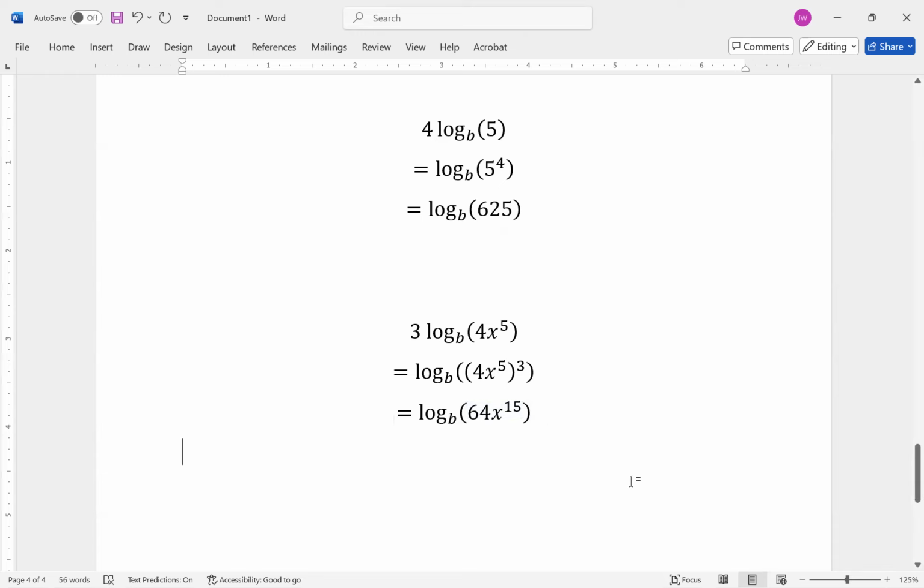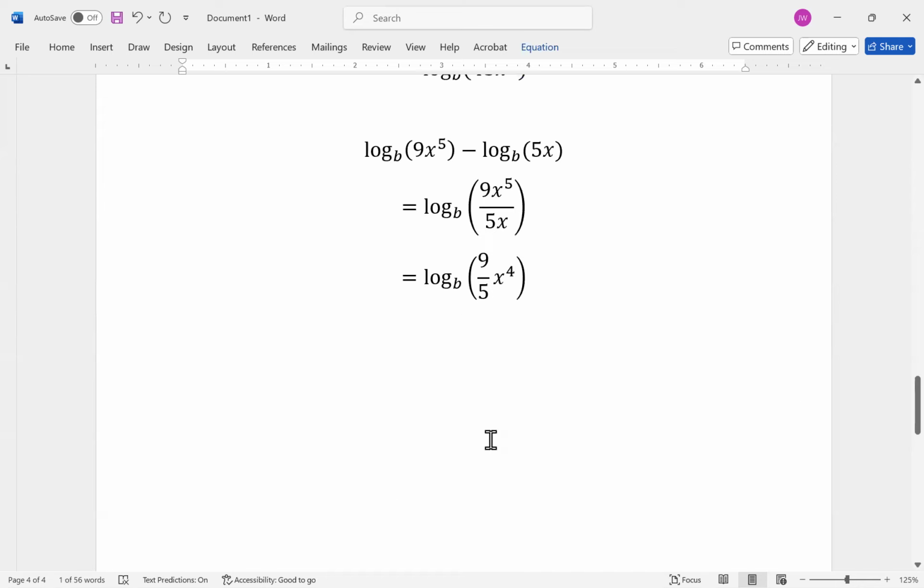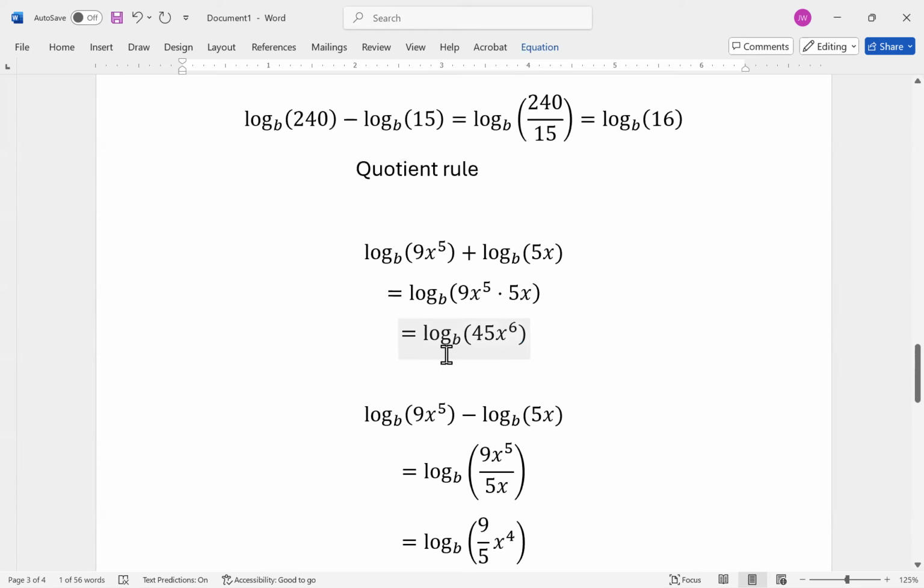Oftentimes, especially in the reverse way, people will just take the 15 out front and forget about the 64, and that's not correct. Like I had a previous problem that said log base b of 45x to the sixth, that is not the same thing as 6 times log base b of 45x. I can't do that.